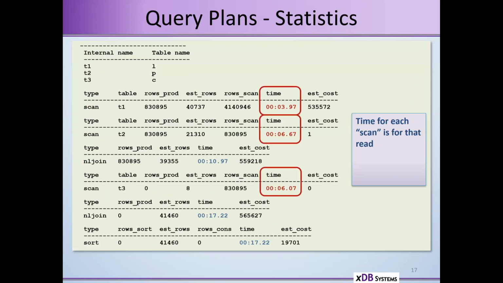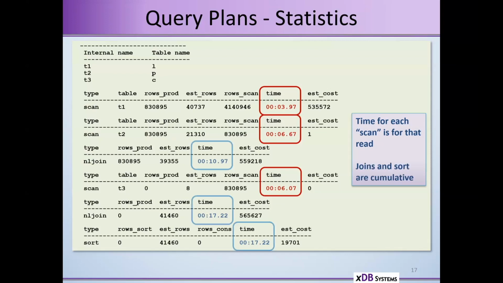So for example, for our T1 table, at the end of this query, we spent just under 4 seconds reading from this table alone. We spent over 6 seconds reading from our second table, T2. And then we spent another 6 seconds reading from our third table. These times are not cumulative. They are the times taken just for that access.